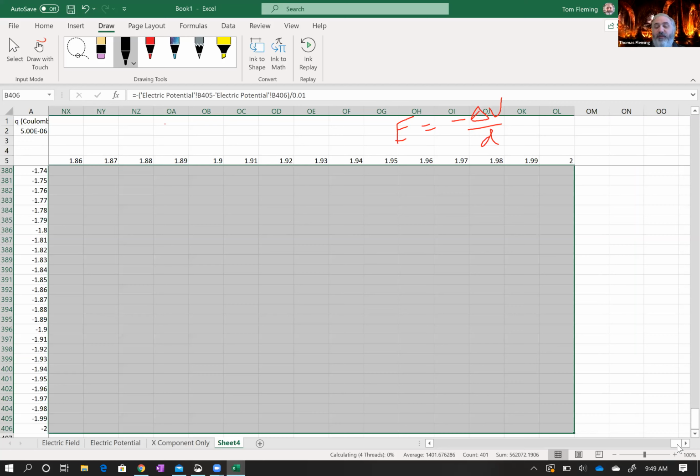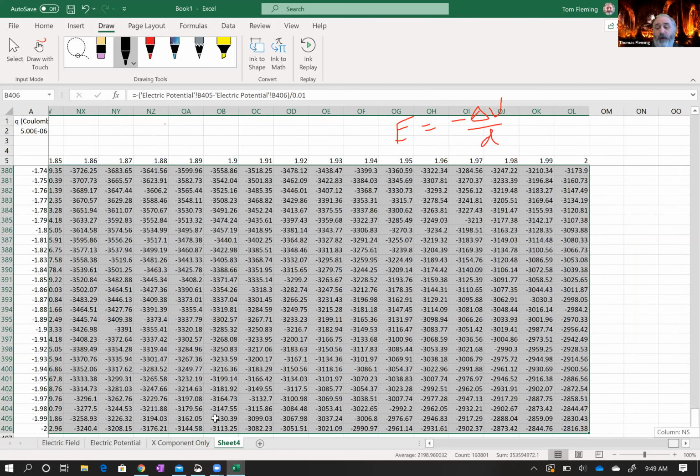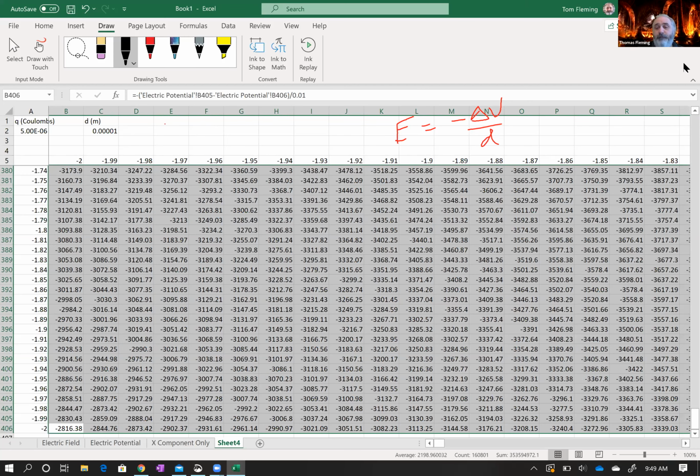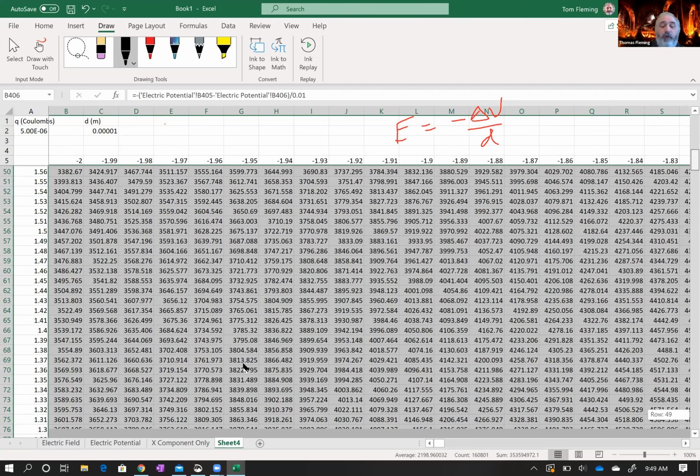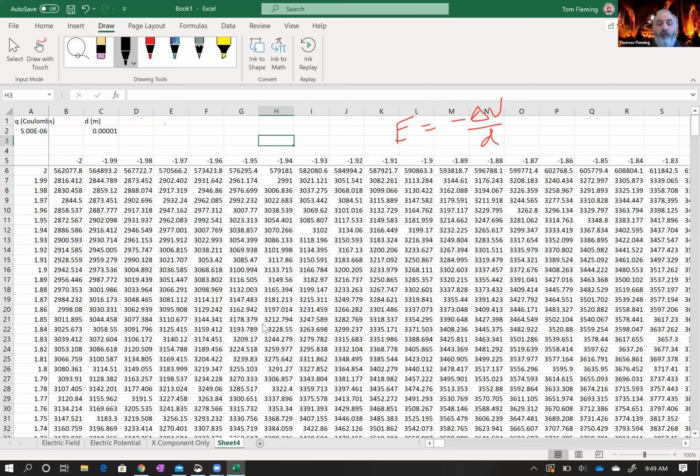And so what I've got is the Y component of the electric field everywhere. And again, we're using that delta V over D formula that we don't think should work.